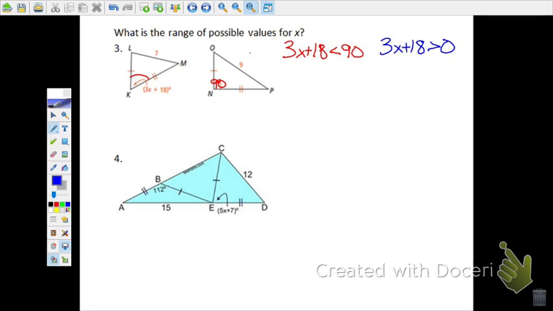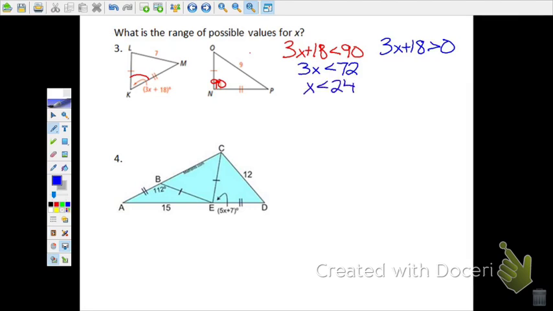Let's come back to this first one. Do the algebra. We're going to subtract 18. So 3x is less than 72. I divide by 3.